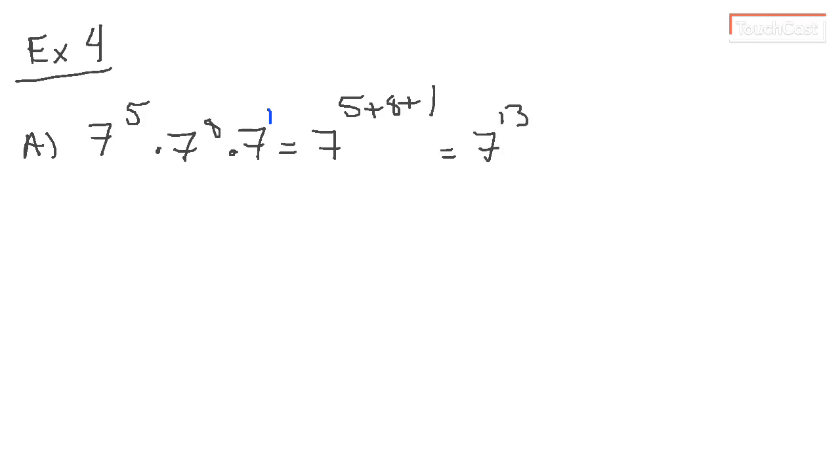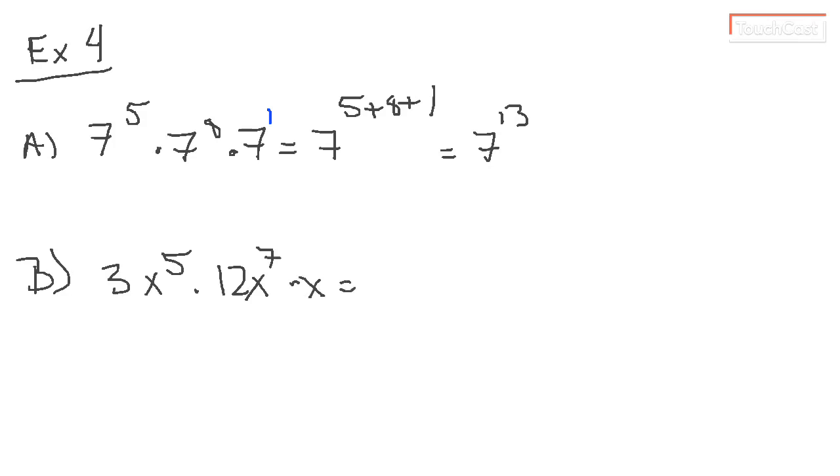And if all they were asking us to do is simplify, we're done. If they asked us to evaluate, we would want to plug into our calculator 7 to the 13th power and figure out what that equals. Let's also look at, we'll call it 4b, where we've got 3x to the 5th times 12x to the 7th times x.